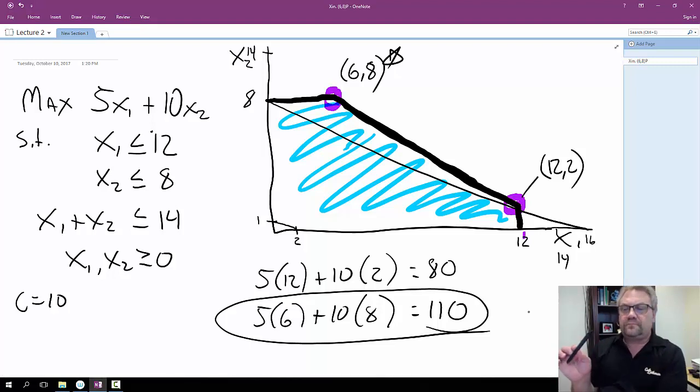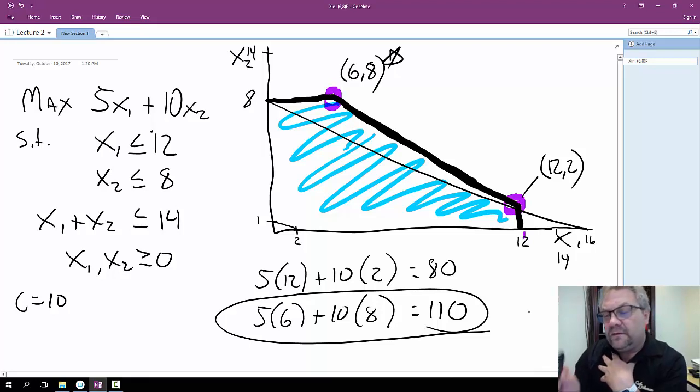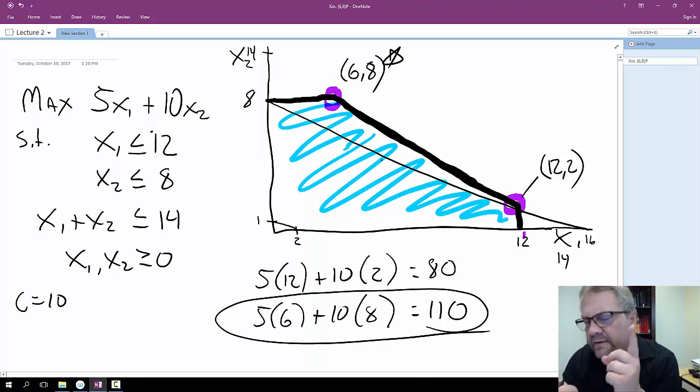So what I wanted to say is, despite the fact that this is all hand drawn, I've actually done a fairly decent job, because what I'm trying to get you to see is, why did this work? Why did these kink points work? Because the slope of the objective function is different from the slopes of all of the constraints.